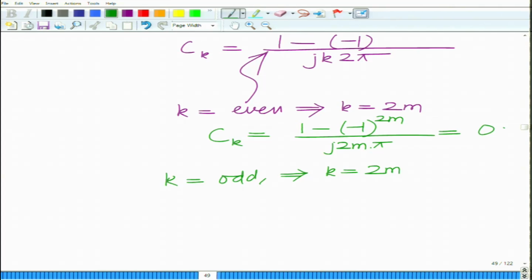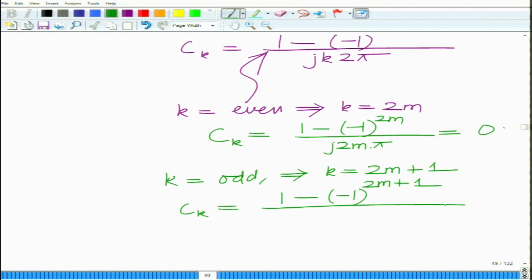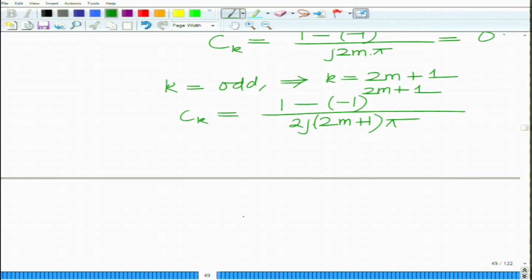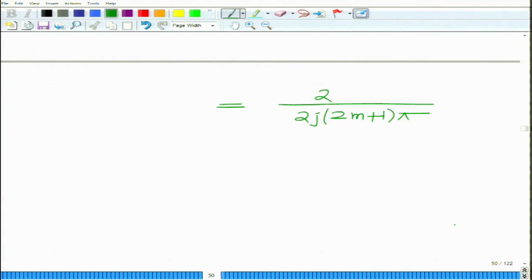If k is odd, that is k equals 2m plus 1, then Ck equals (1 minus (minus 1) raised to 2m plus 1) divided by j twice 2m plus 1 times pi, which equals 2 over 2j into (2m plus 1) pi.